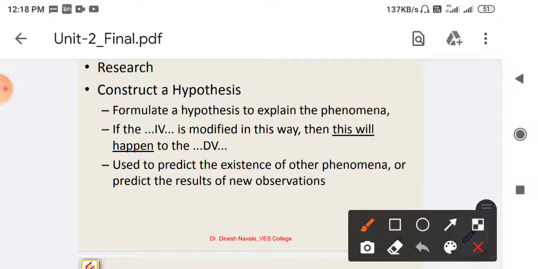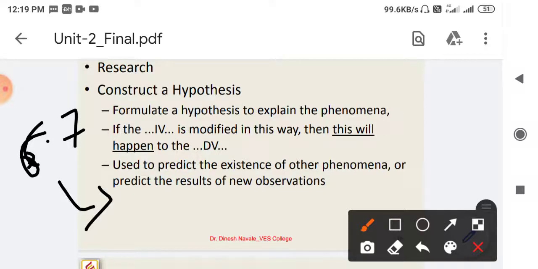Some new results might also be obtained. So what are those new results? I am expecting a pH of around 6.7, but suppose due to certain pollution or the inclusion of other parameters which might affect the pH of the solution, I am getting certain other results. That I can also predict in the hypothesis.